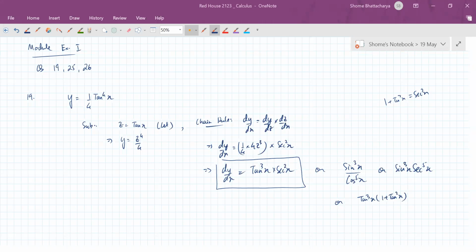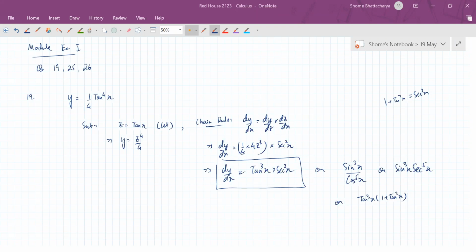Sir, I have applied the quotient rule here. Is that okay? Sorry, what? I didn't get you. Can you speak a little louder? Sir, I have applied the quotient rule here. I mean, I have taken out the derivative for tan raised to 4x and then I have applied the quotient rule. Which question you're talking about? 19th, sir. Achha, this one, 19. What you have done? You have taken out the derivative of tan raised to 4x, just for that particular term, and then did the quotient rule.